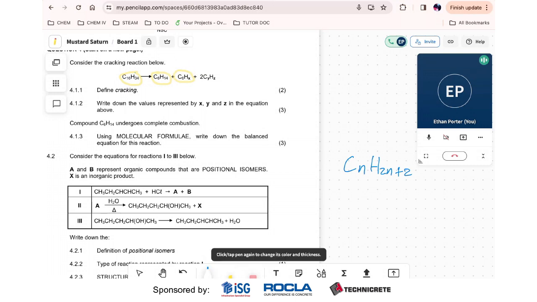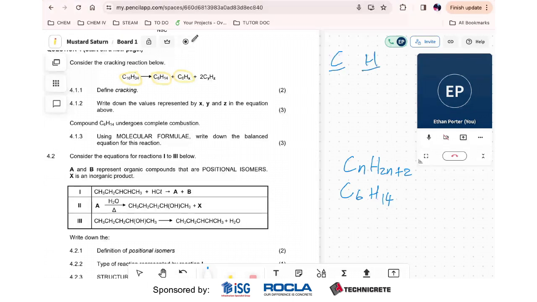If it's C6, then subbing in, we will get H14 as well. So let's see if this works, and keep a running total of our carbons and hydrogens. We started off with 16 carbons and we've used 12, so we only have 4 carbons left.